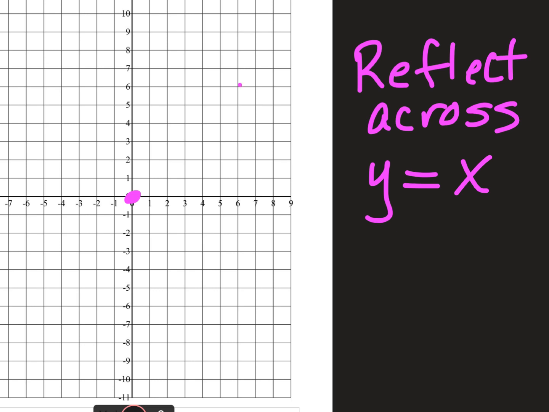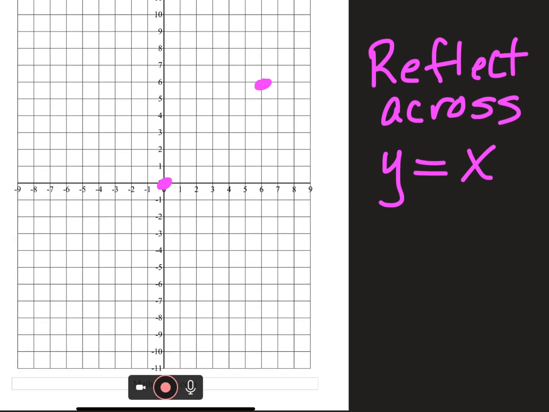So 6, 6 would fall on that line because your x coordinate and your y coordinate have to be the same. Give me one more. Negative 6. Ooh, negative 6, 6. I love it. So these three coordinates make a diagonal line that cuts the whole coordinate grid in half.